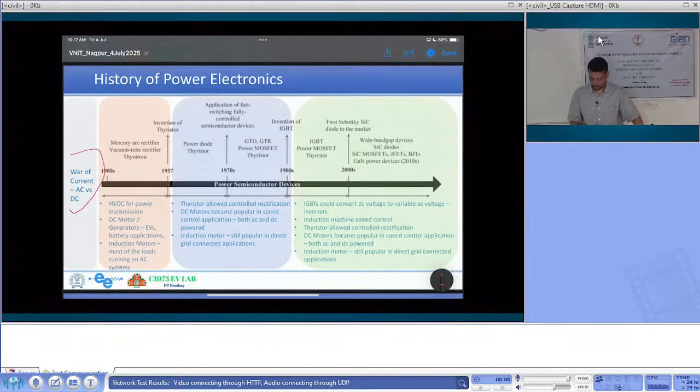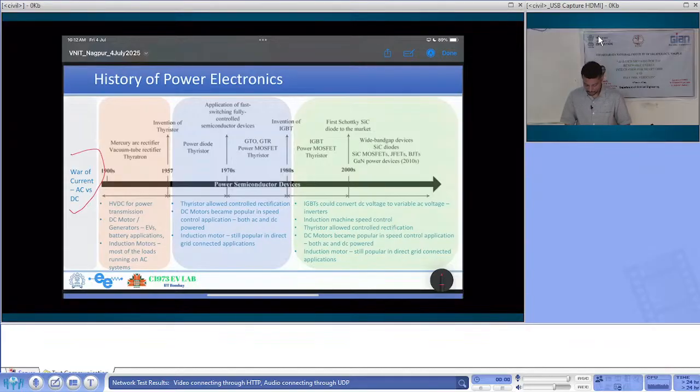But around 1957 you got thyristors, and that's when things really started changing. The thyristor replaced these big mercury arc valves, which were made of glass tubes, very easy to break and difficult to transport. A small thyristor you can easily transport and install somewhere.